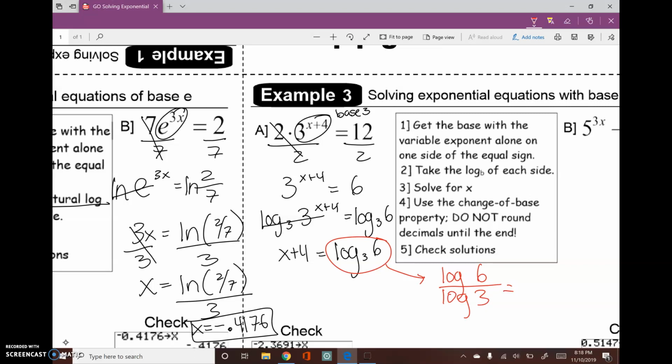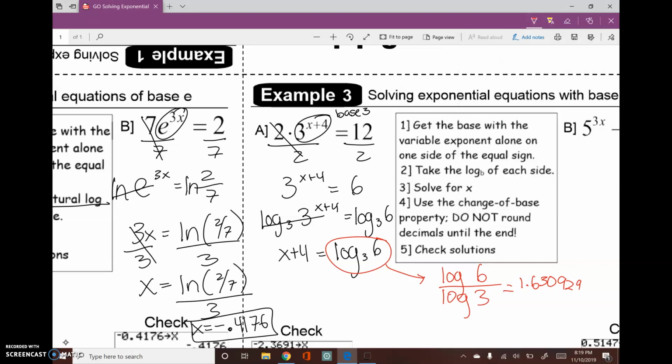We can figure out what log of 6 is by plugging it into the calculator. Log of 6 divided by log of 3 gives me 1.63092, and it keeps going.